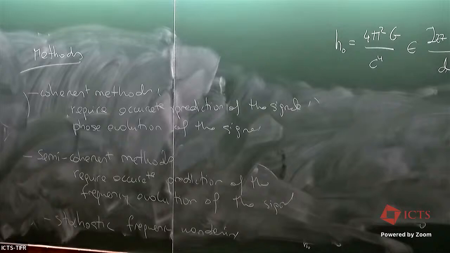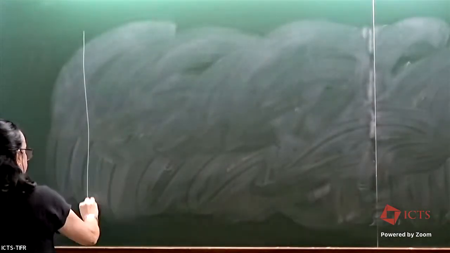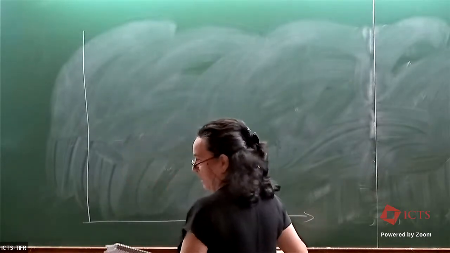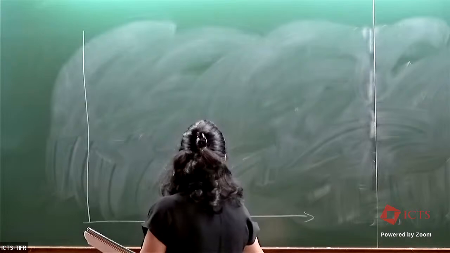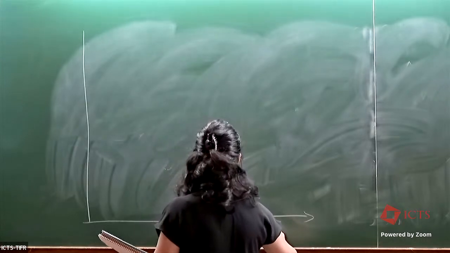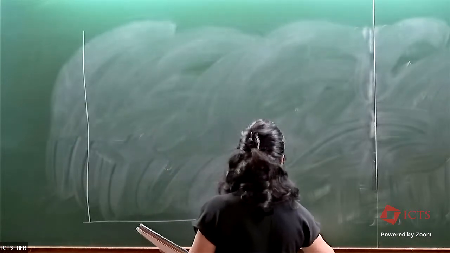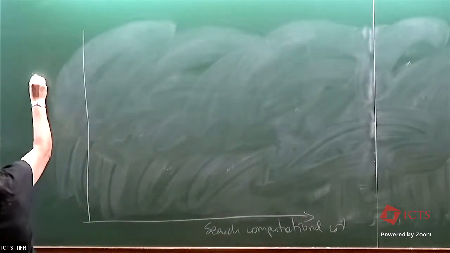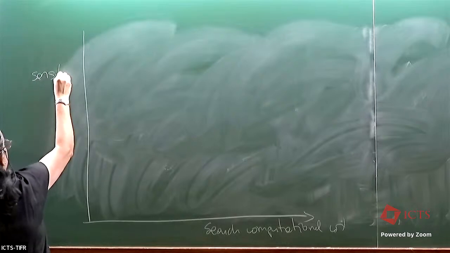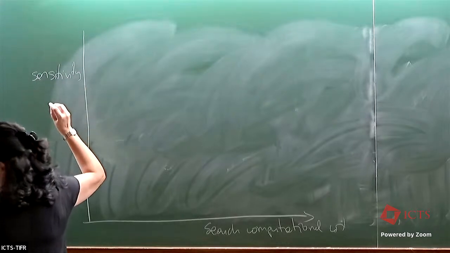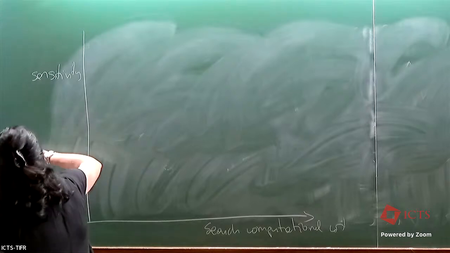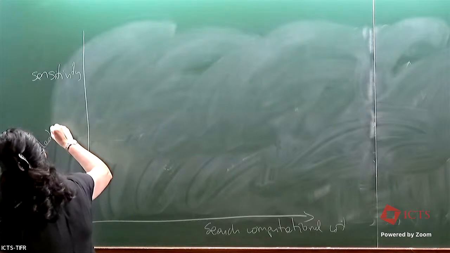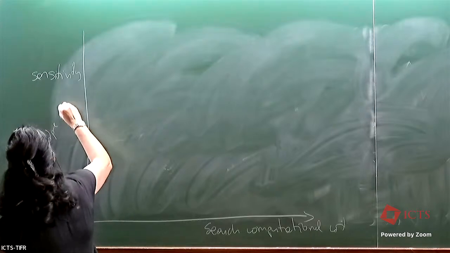So I could plot a diagram in which on the x-axis I can put the search computational cost, and on the y-axis you can interpret like the sensitivity, or also the knowledge about the source.